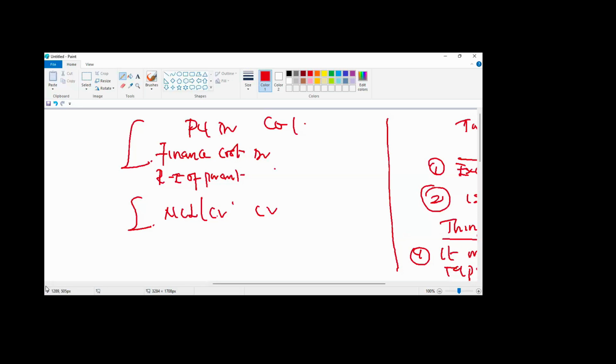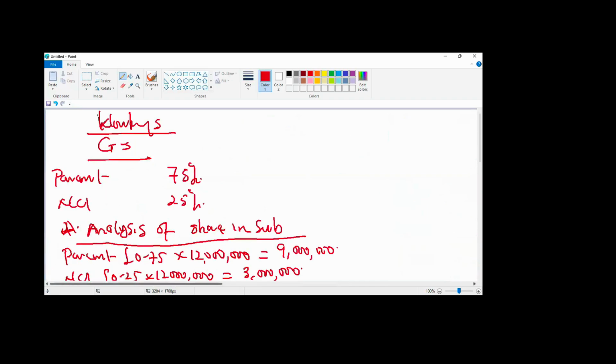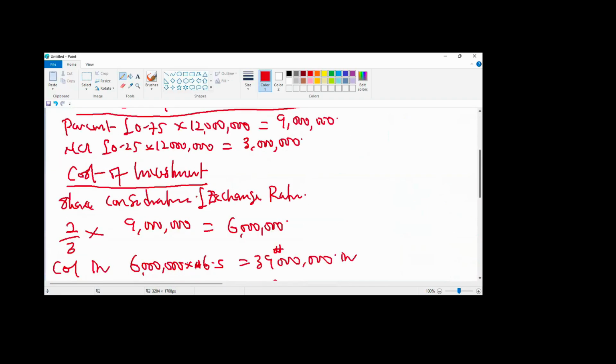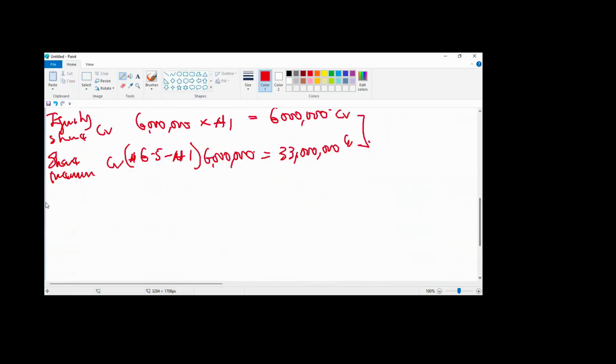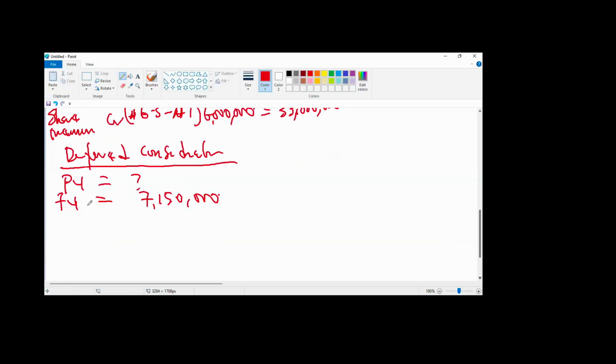So let's go to this question now. This question says deferred consideration. What is the present value? We don't know. The future value says it's going to pay 7,150,000. At what rate does he say he wants to pay it?